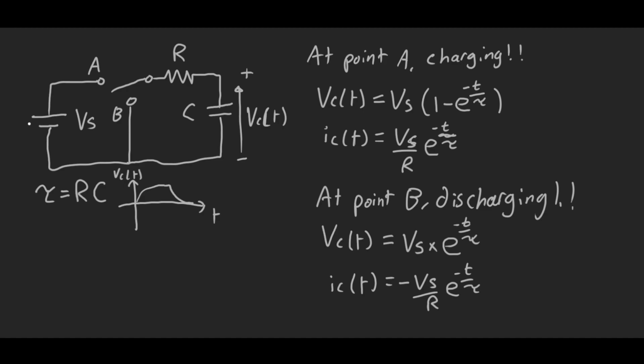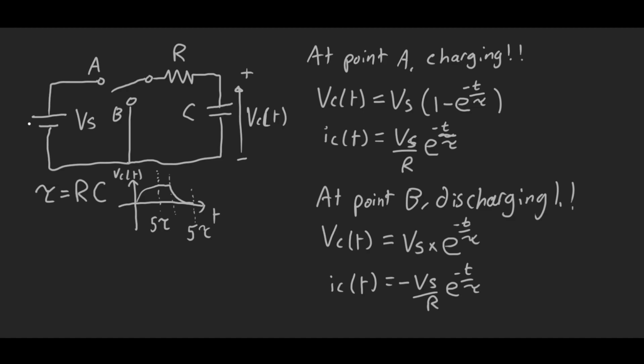Now, how do you know when the capacitor fully charges? What's an easy way to tell? Well, it takes 5 time constants for a capacitor to fully charge. That's like the golden rule. And likewise, it takes around 5 time constants for the capacitor to fully discharge from the initial operation of discharging.